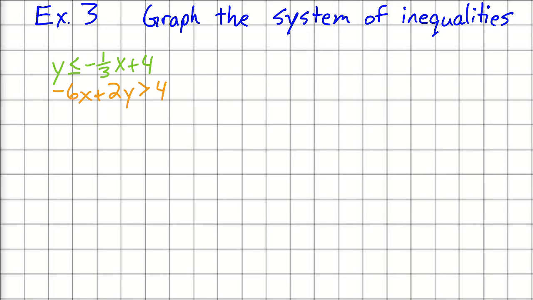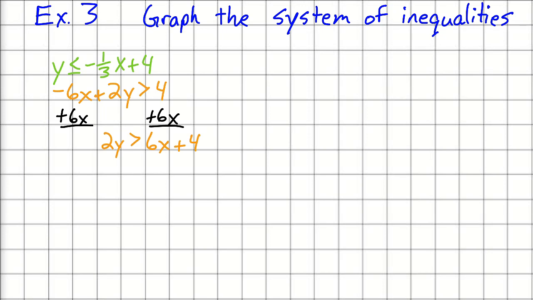So what I need to do is add 6x to both sides, and I'll get 2y is greater than 6x plus 4.